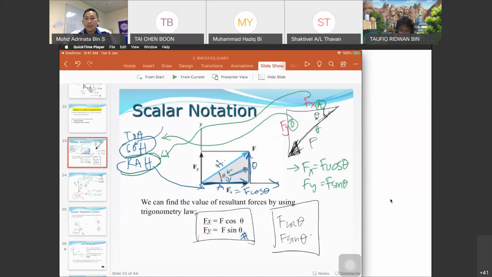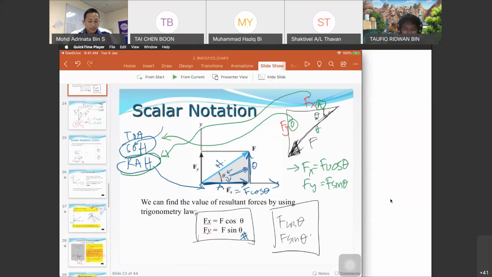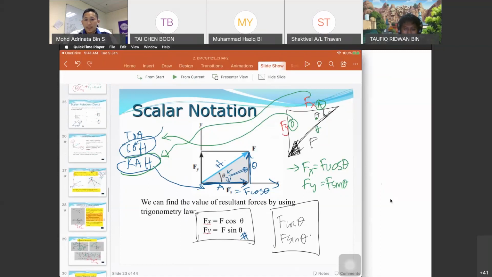Our triangle to break our force into X and Y, we are using Sokahtua to find our X and Y axis, and then we use tangent to find theta for our resultant force direction.